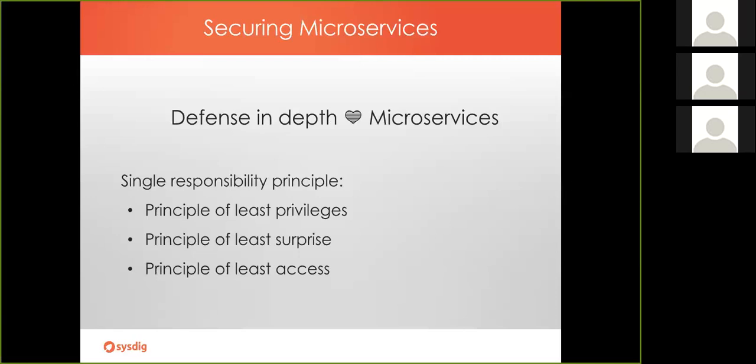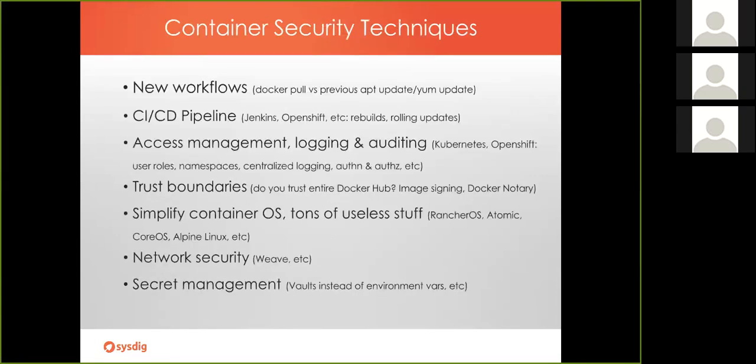So we give that microservice running in that container the least privileges, making all the defaults as secure as possible, and then we give it the least access possible, because it just needs to do one single function and provide one single service. Applying these three things is very easy.